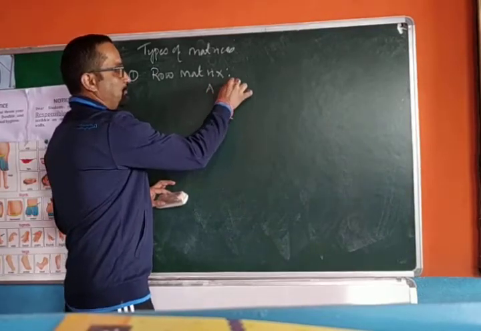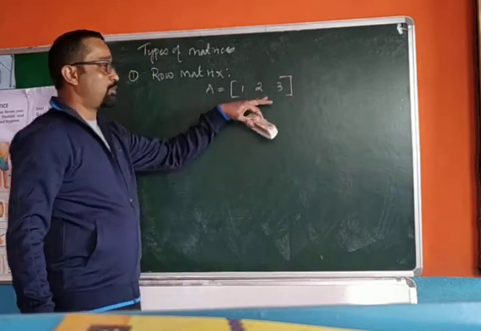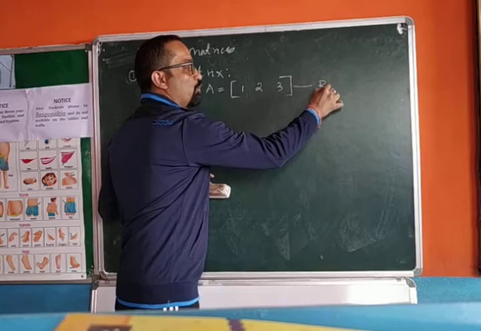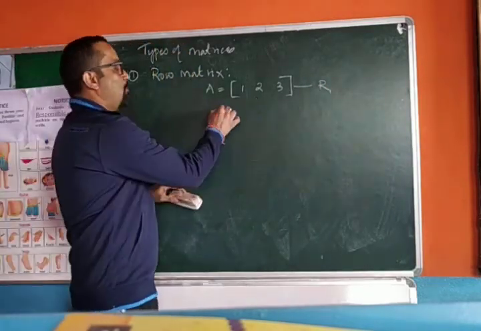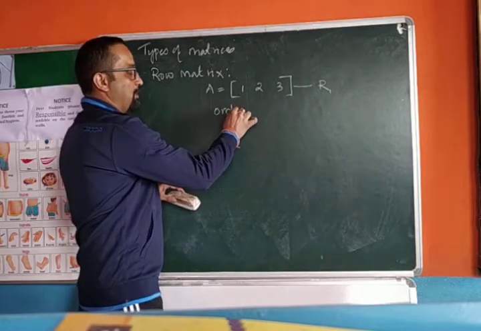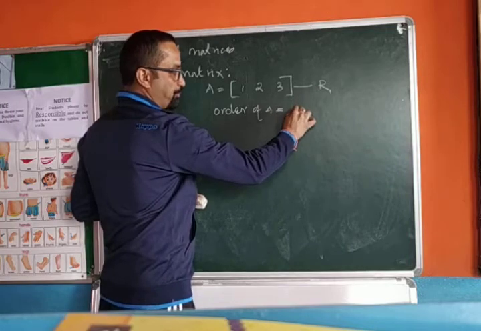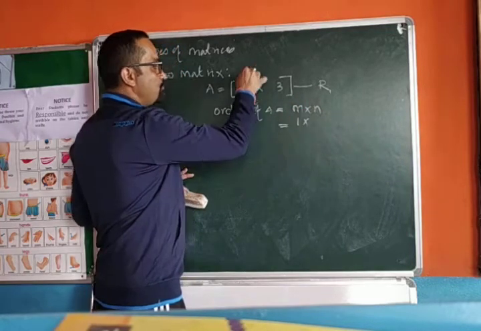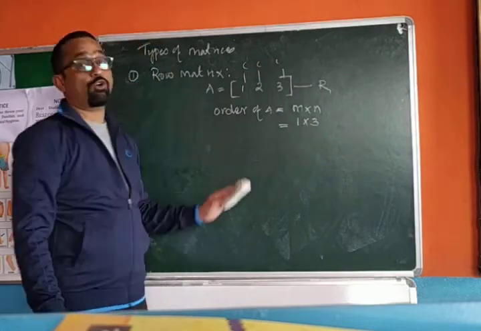Example: 1, 2, 3 is called a row matrix because it has only 1 row. So what is the order of this matrix? The order of A: it has 1 row, so m is 1. How many columns? 3 columns, so it is 1 cross 3 or 1 by 3.